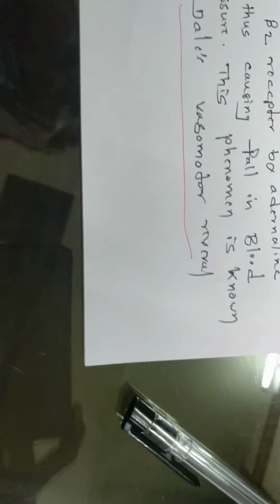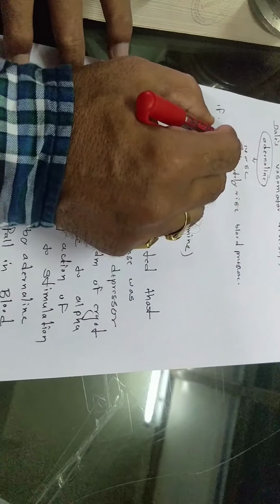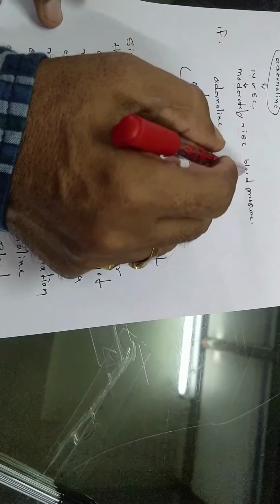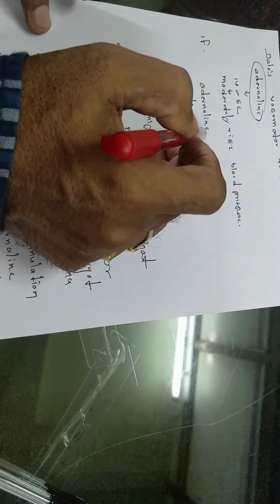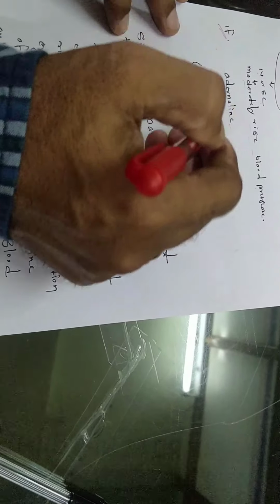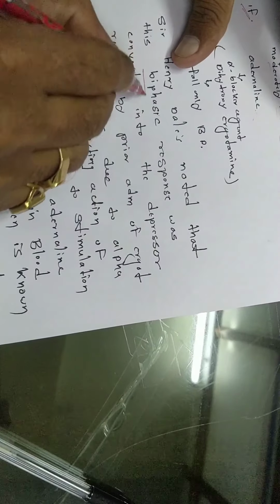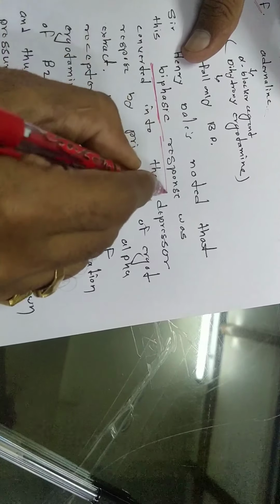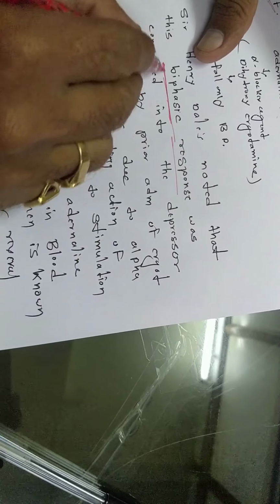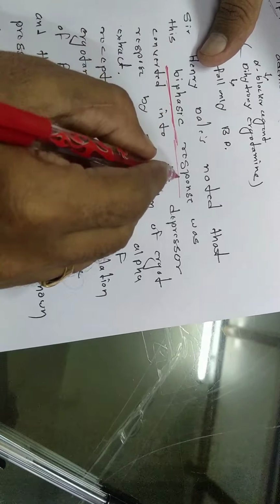See it very briefly again. Adrenaline given intravenously or subcutaneously moderately raises the blood pressure. If, after adrenaline, an alpha blocker, that is dihydroergotamine, is given, there is a fall in blood pressure. How? The scientist Sir Henry Dale found the biphasic response.